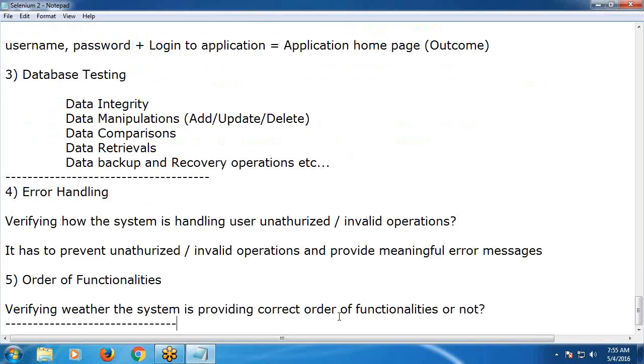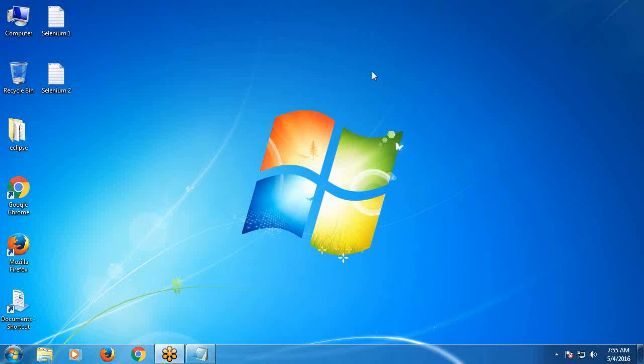See, these are the important coverages in functional testing. Can you tell me, Suleiman, what are the important coverages in functional testing? Just names, 5 coverages we discussed.